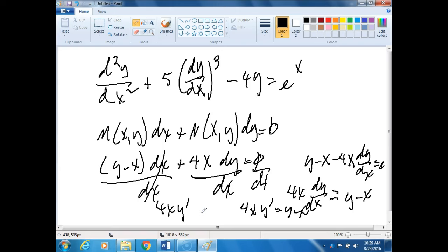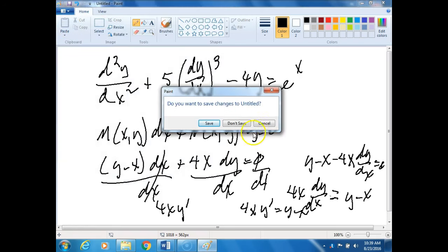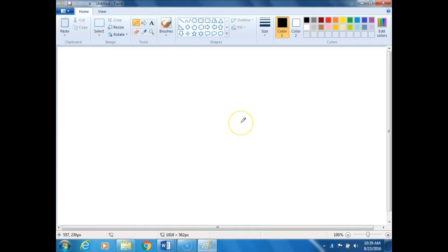Here's another way, and this to me is not a very user-friendly way of doing it, but there are times, especially when you're proving things, that you do this.